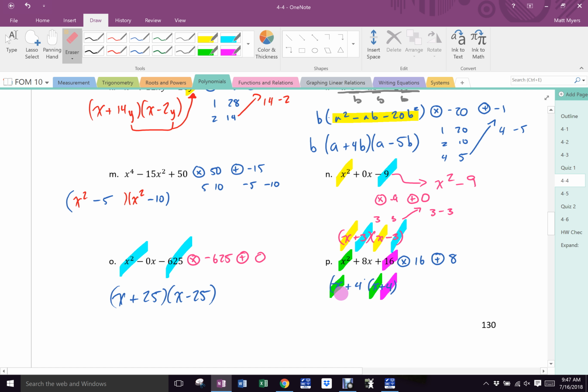Because they're both positive. Because they're both positive, there has to be a middle term, so it can't drop out. Because one of these is positive and one is negative, I'm going to end up with plus 25 minus 25, aren't I? Which is 0. Is everybody good?